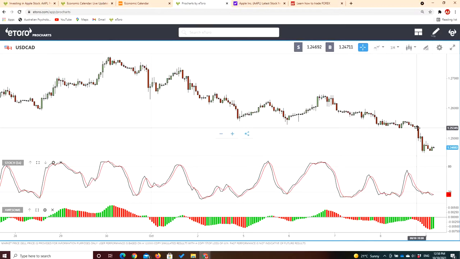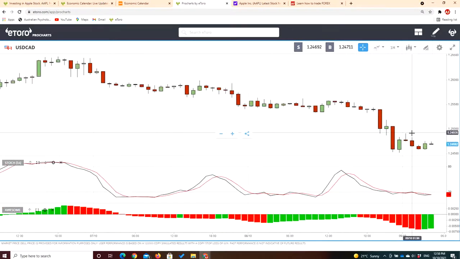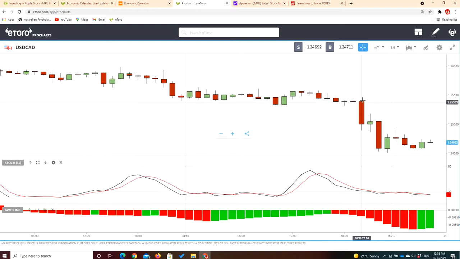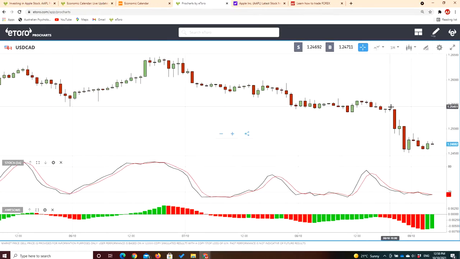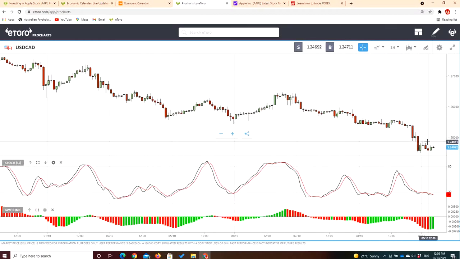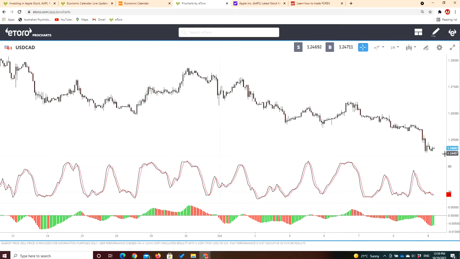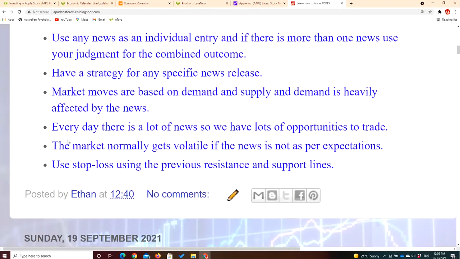So you can see here this big plot exactly after the news release that Canada has very good employment rates now, better than expectation. So the US dollar versus Canada goes down because Canada gets stronger. So this is how important the news is.